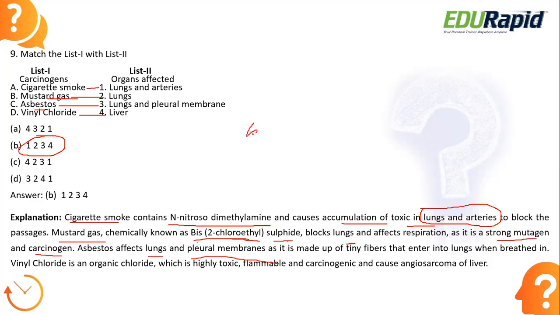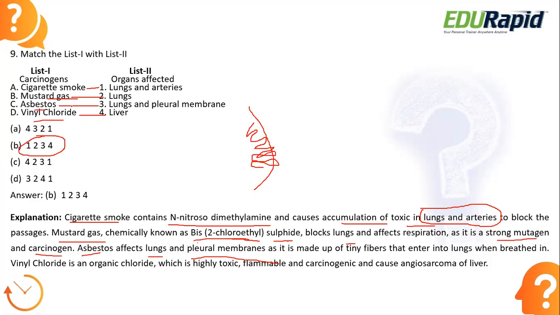The pleural membrane is nothing but the inward membrane of our lungs. The inward membranes that we have in the lung region, we call the pleural membrane. Our lungs have this pleural membrane. So as and when it enters our body, definitely it affects our lungs as well as the pleural membrane. Okay, this is asbestos.